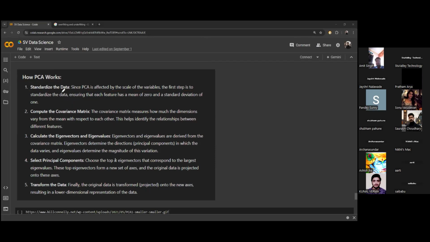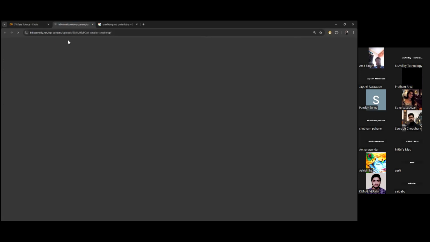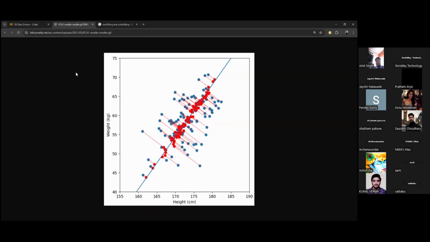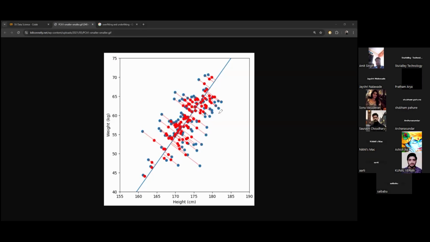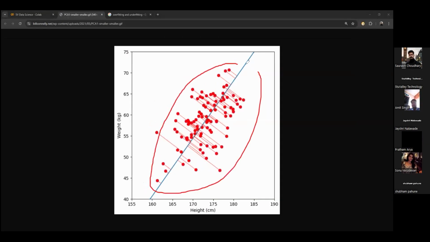We'll come to this later, but one thing I need to show. You can assume this as PCA, where all of this blue one is your actual data. Your data was showing a relationship between the height parameter and the weight.